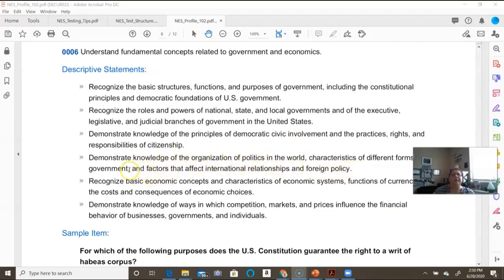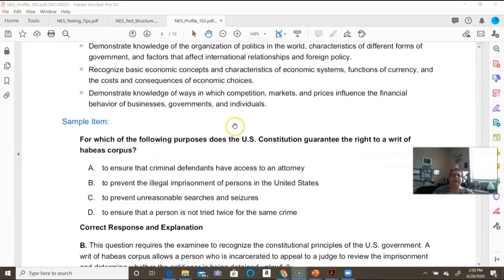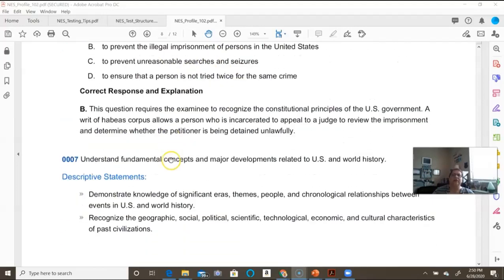So when they're talking about the different forms of government, it's not just democratic, but you want to look at communist, you want to look at all those governments, and I'll give you more information on that. I just want you to see how it's broken down. So first one is understand fundamental concepts related to the government economics, and then they have sample questions.